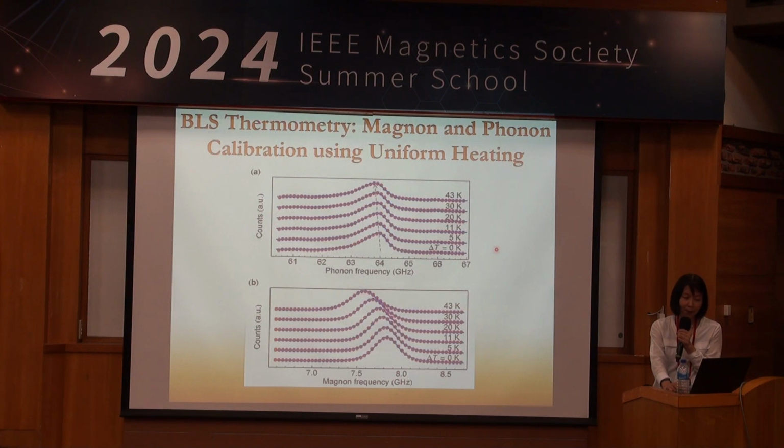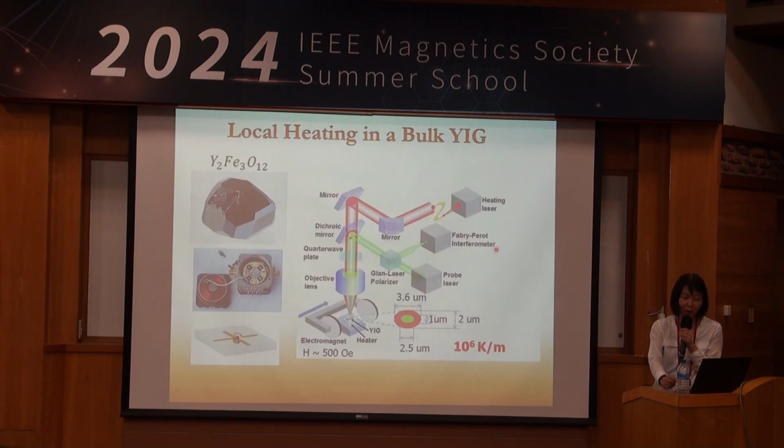The way I drive YIG out of equilibrium is I heat it up using a separate laser. So I use a laser to heat up the sample, and then I use another laser to probe the phonon and magnon modes. The reason I do that is because I can create a very large temperature gradient using local laser heating.